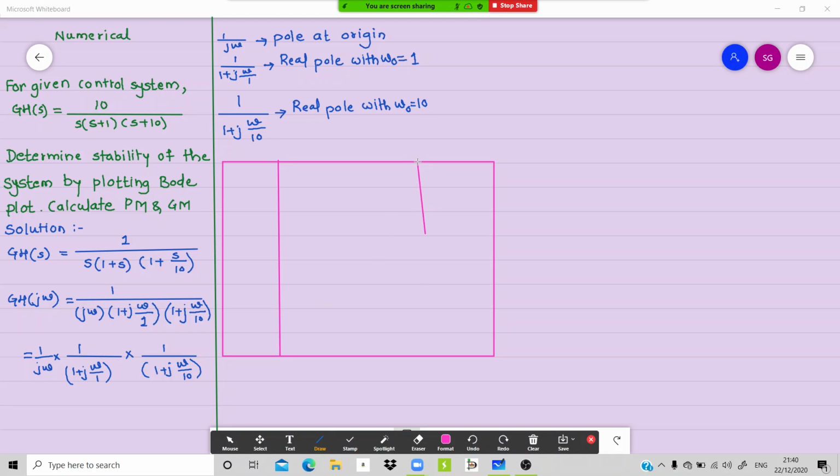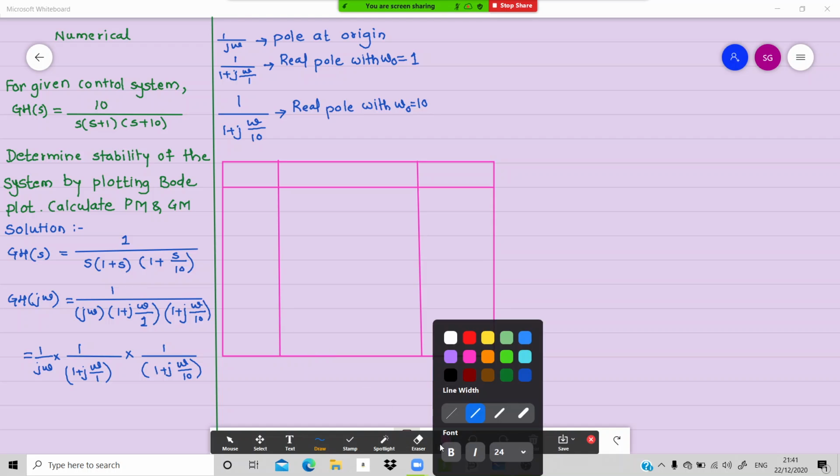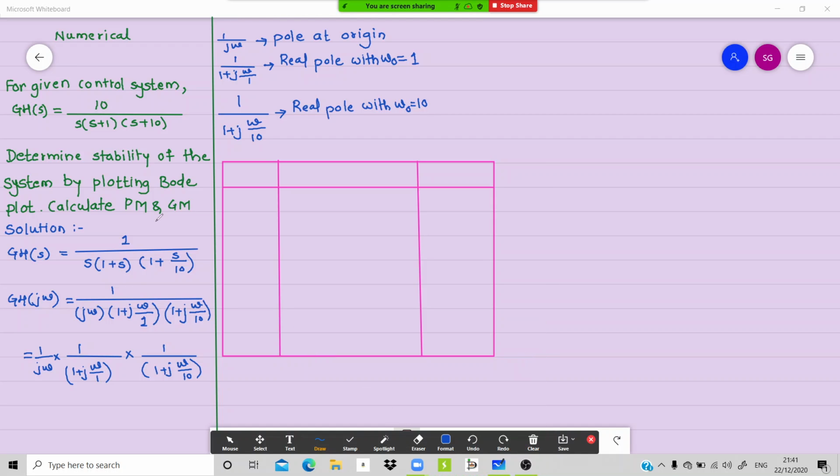The factor, the magnitude, and the phase.